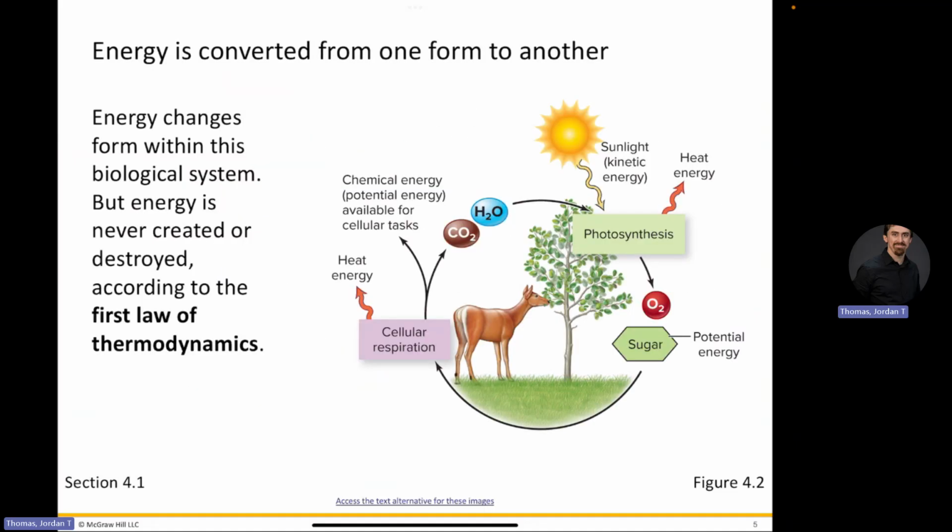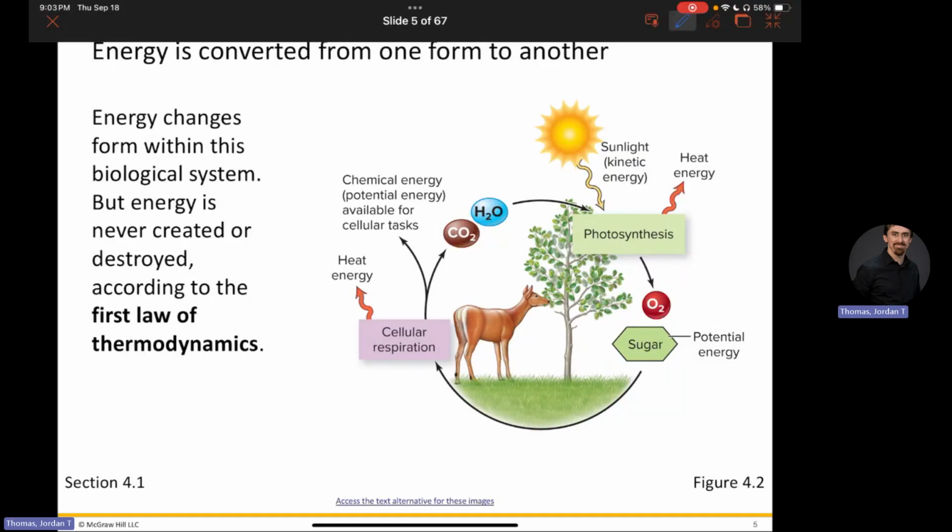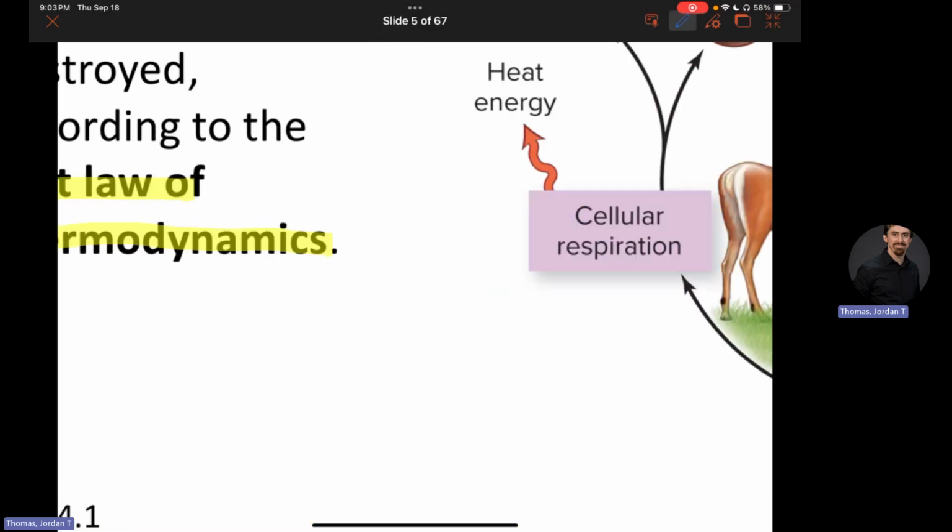Now with that being said, we're going to talk about what's called the first law of thermodynamics. So this is what the textbook gives as the definition. I'm going to give you another one that I like a lot more.